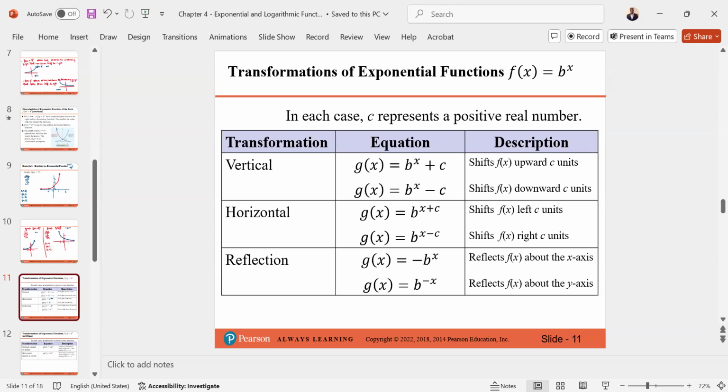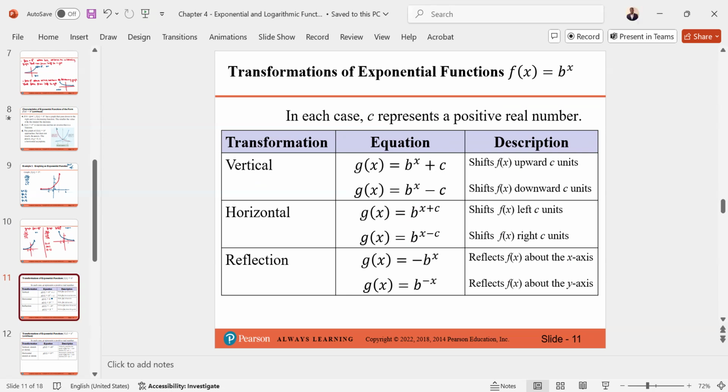Then you shift it c units up, or you shift it c units down if it's -c. Now, you see when it's horizontal, the c is in the exponent, not at the bottom, not at the base.